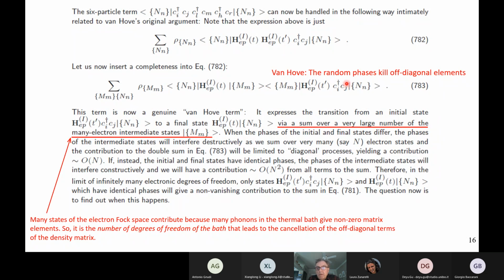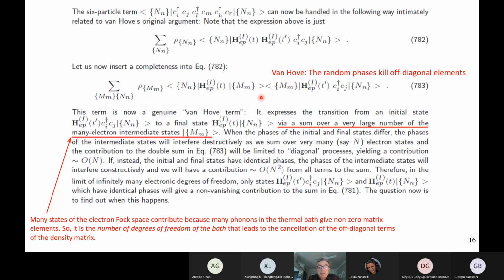So when we have i and j which are different, the sum over these terms will involve a sum over terms which have a random number of phases. If instead i and j are the same, then this state is essentially parallel to this one, because this will be just the number operator, which is a number acting on this state. And then the phases of these two terms will cancel exactly.